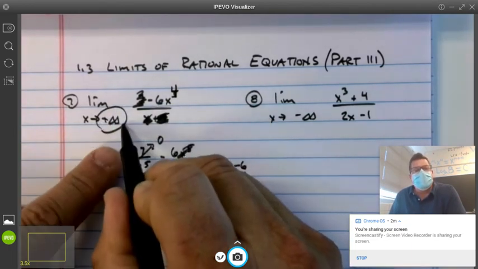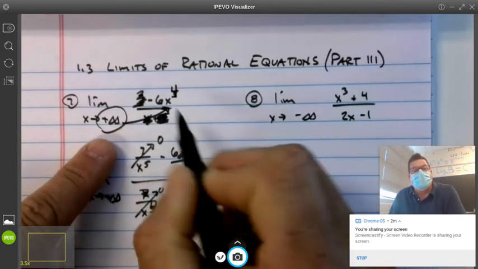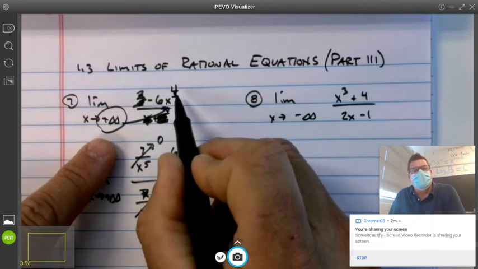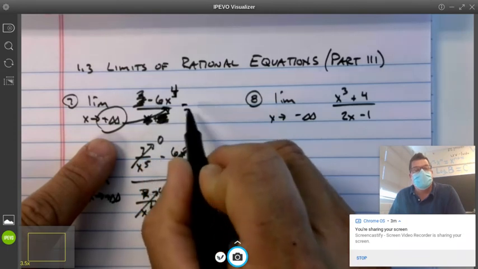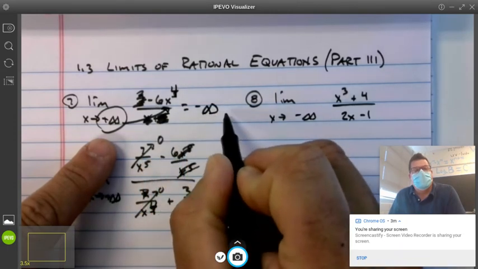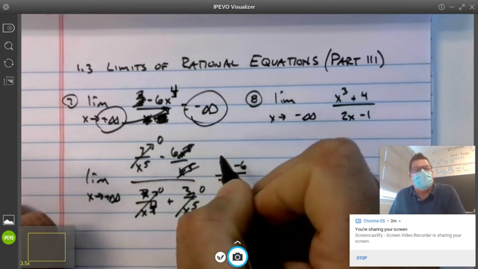Throw your positive infinity into the original equation. Positive infinity raised to an even power is positive infinity, times -6 means negative infinity. Graph that on your graphing calculator and see if you get the same thing that I did.